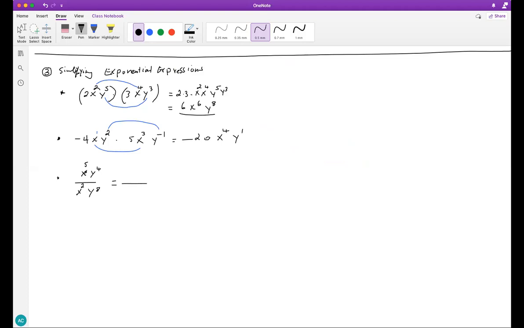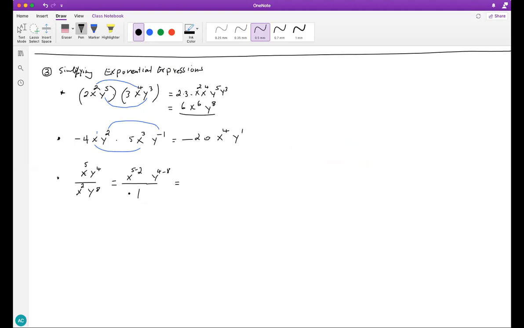So here we have x to the 5th over x to the 2nd, so it'll be x^(5 minus 2). And then you have y^4 over y^8. So we're going to subtract those two. Notice that we no longer have a fraction here. Because we subtract them, the fraction is canceled.